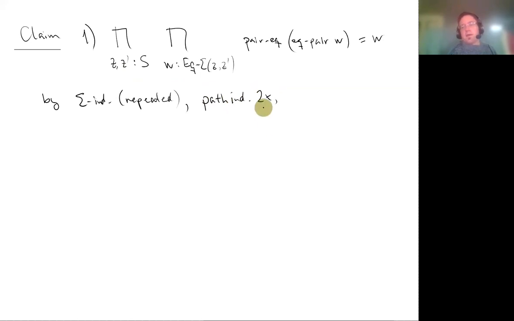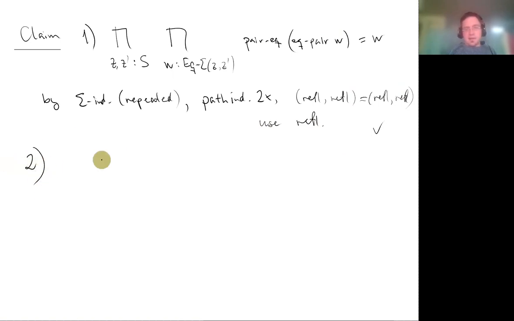We have to show something for every x and y, and so W is now refl and refl, and eq pair of pair refl is refl, and pair eq of refl is refl. So we have to show that refl is equal to refl. But those are the same thing on both sides, so we can use reflexivity. And we're done with that case.